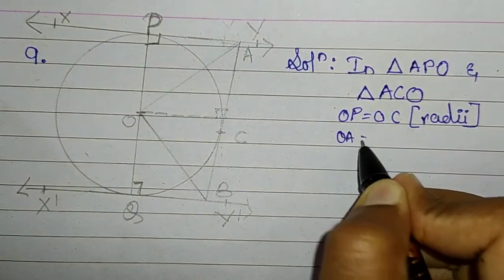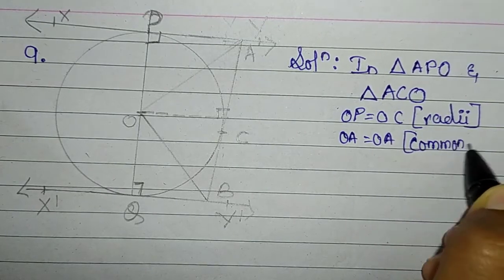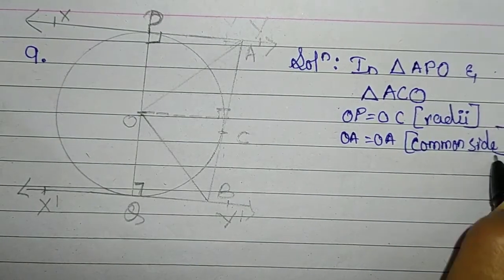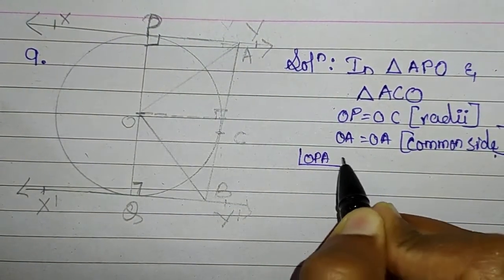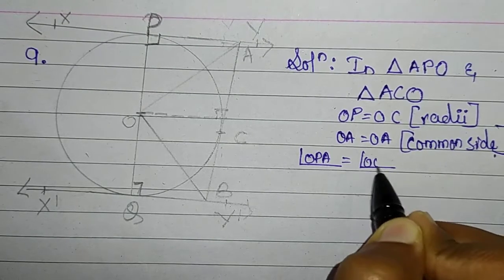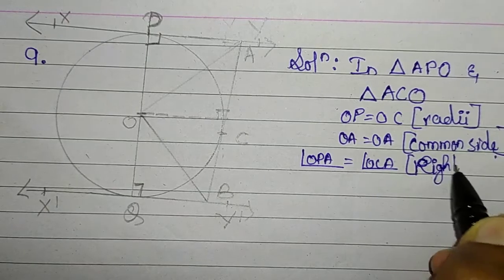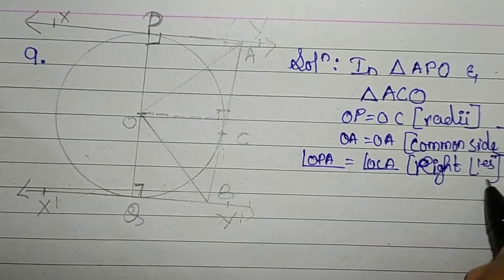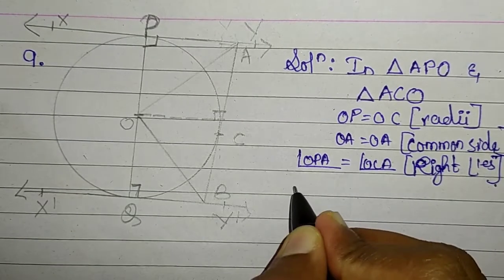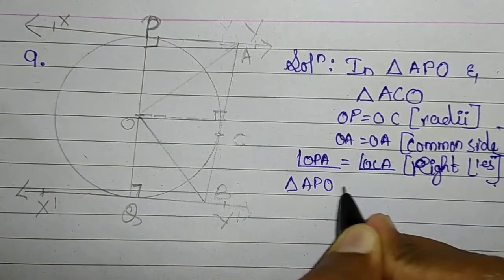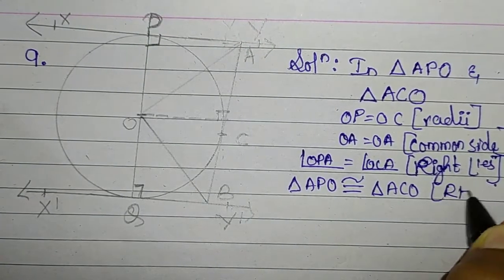OA is equal to OA, common side. And lastly we have angle OPA is equal to angle OCA because both are right angles. The angles made by the tangents at the point of contact with the radii are perpendicular, so 90 degrees. So by RHS, triangle APO is congruent to triangle ACO.